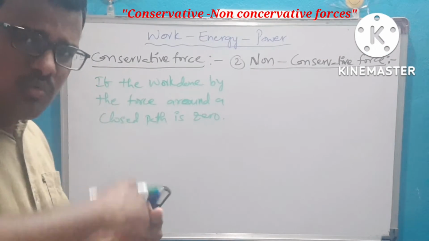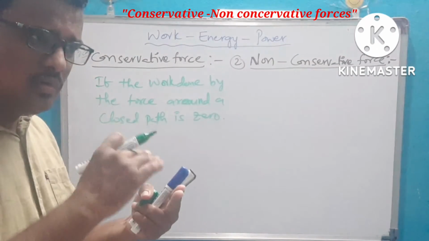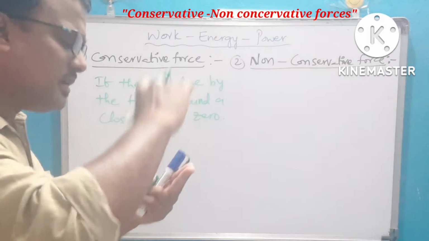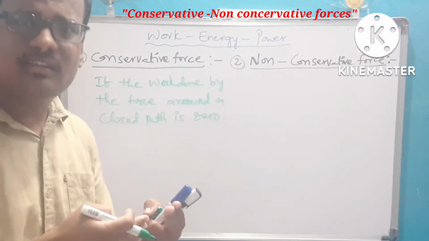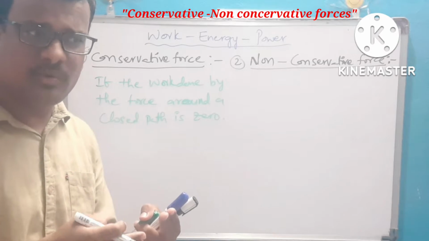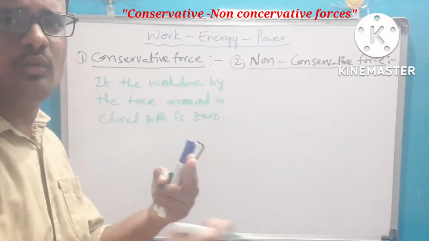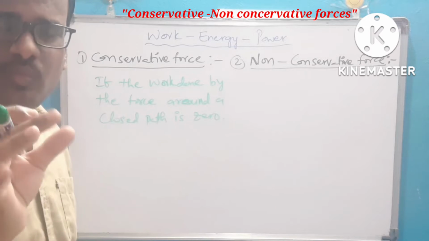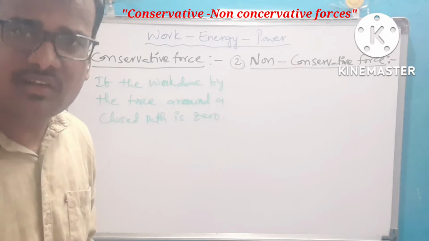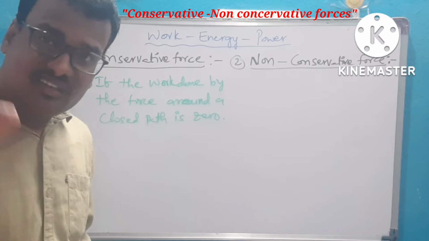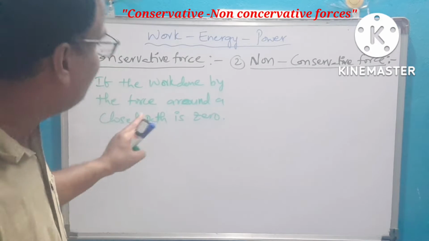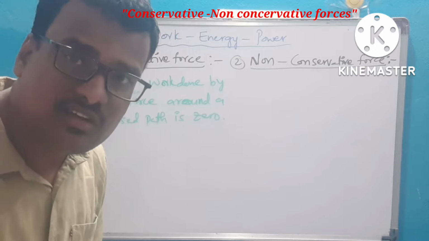The body goes from an initial point to some final point and again comes back to the initial point. Around a closed path, if the total work done is zero, then that force is called a conservative force.